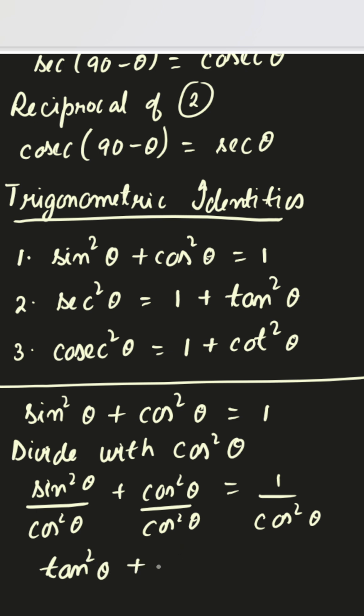Cos squared theta upon cos squared theta is 1, and 1 over cos squared theta is sec squared theta, which gives my second identity. Similarly, if I divide this first identity by sine squared theta, I will get my third identity. So if you think you might forget it, just remember the first identity, and from there we can easily figure out the second and third identity.